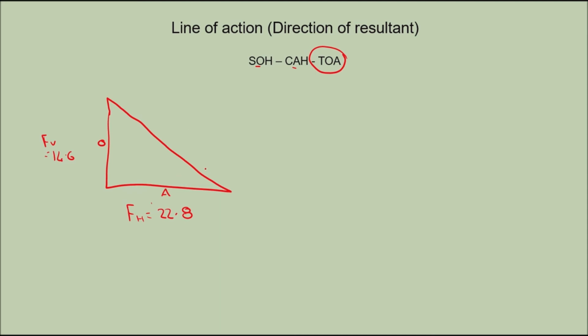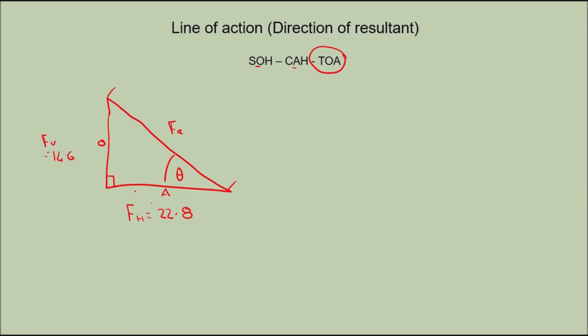So what I'm actually trying to do here is to calculate this direction, to find out what this angle is. Again if we label these up, O is for opposite, A is for adjacent. We already know what this side is. This is our resultant force, or if we're talking about trigonometry we'd call that our hypotenuse.